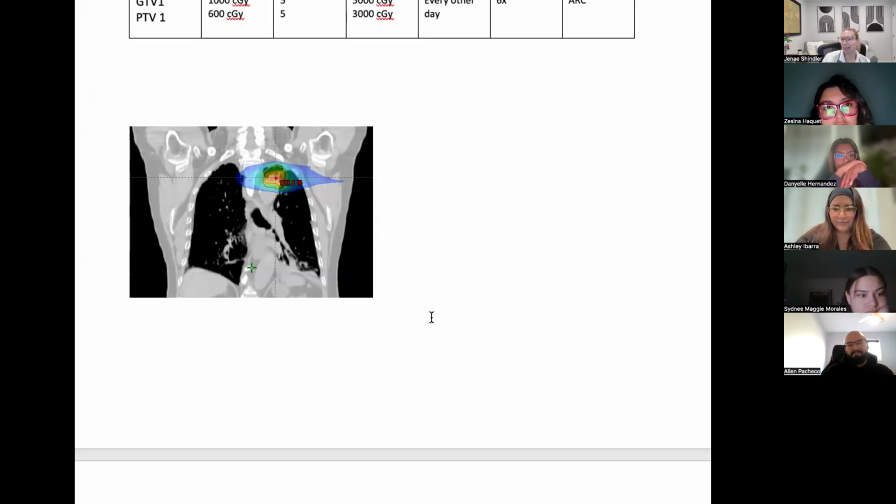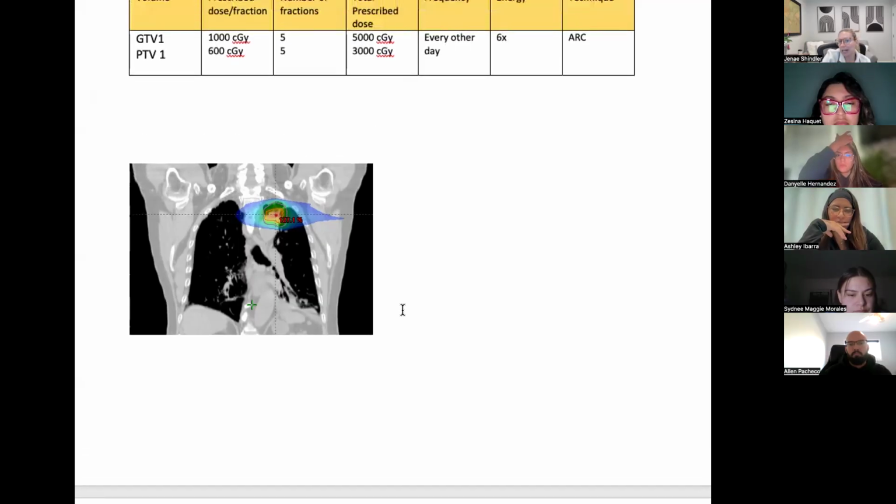It's small enough where it meets the criteria, and after looking at the DICOM imaging, the aorta can be spared enough that you can hit it hard enough, and it's just more convenient for a patient, specifically somebody who's not doing very well, to come in 3 or 5 times for radiation versus coming in 33 times and having that burden on them. So when we can SBRT something, we want to, for the sake of the patient.